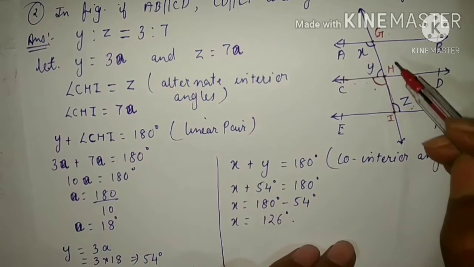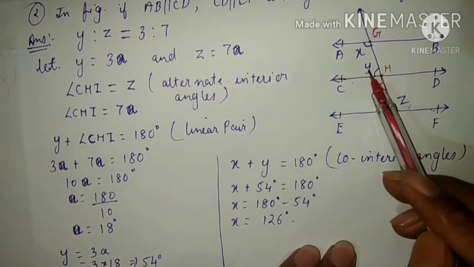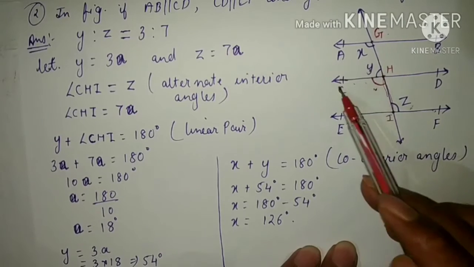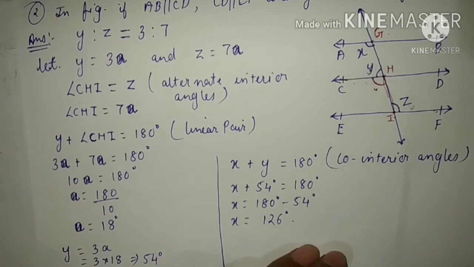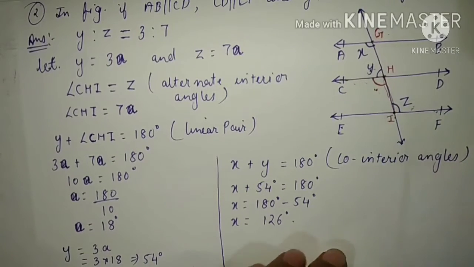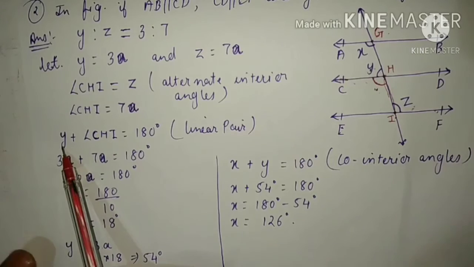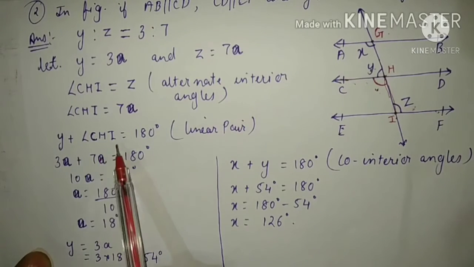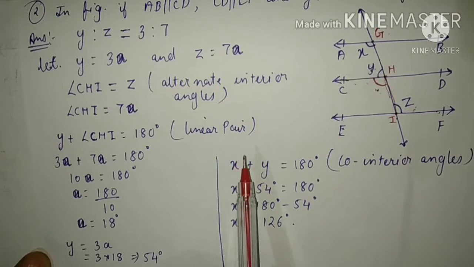Now since this is a straight line, this angle y and this angle CHI are forming a linear pair. That means the sum of these two angles will be equal to 180 degrees. So we will write angle y plus angle CHI is equal to 180 degrees. Why? Because they are forming a linear pair.